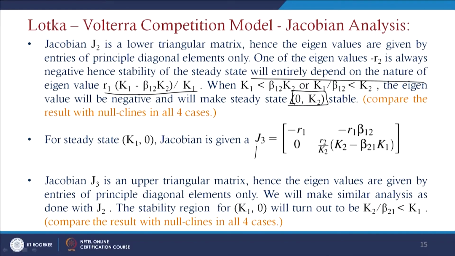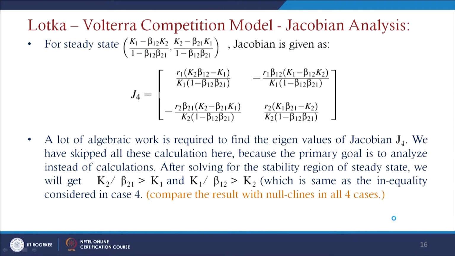For steady state k1 0, we will have this Jacobian in this form. J3 is an upper triangular matrix and the eigenvalues are the principal diagonal elements. The stability region is that k1 0 will turn out stable when k2 by beta 2 1 is less than k1. We can compare this with the results of null lines also.